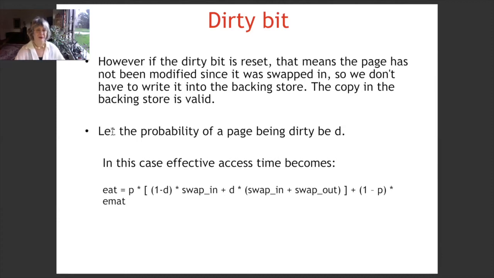Let the probability of a page being dirty be D. In this case, effective access time becomes: here with the page fault occurring probability we are multiplying, and here is the probability a page is not dirty, because we are taking 1 minus D, and we are multiplying it with swap in, because swap out is not needed in the page fault service time. We are only swapping in.